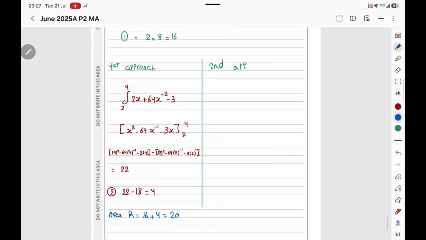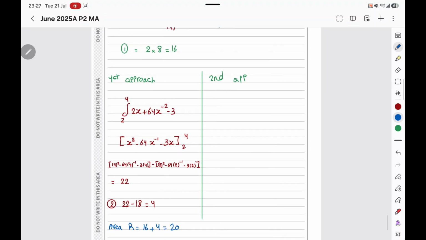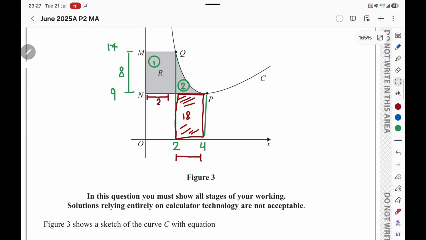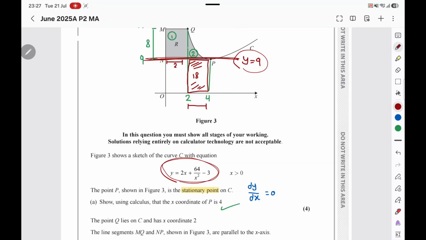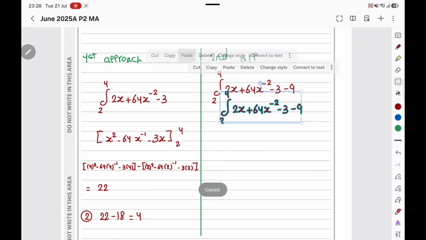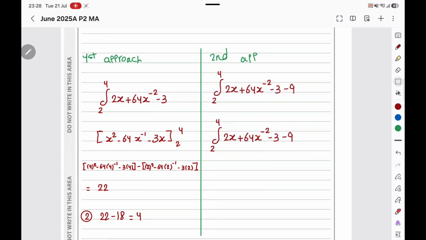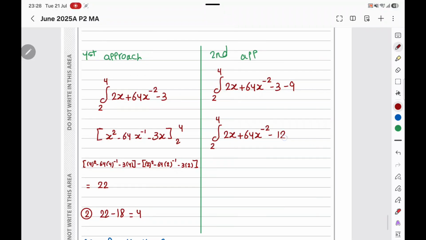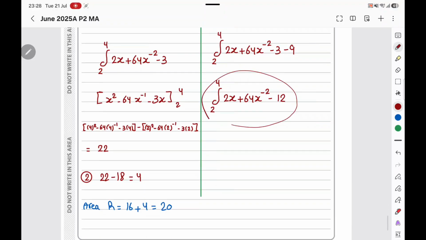This is the first approach. The second approach is that I would subtract the line y equals 9 from the curve from the beginning and then integrate. And so I will get directly the area 2. Subtracting 9, the constant will be negative 12, minus 12, and definitely the integration of this should give 4 directly.